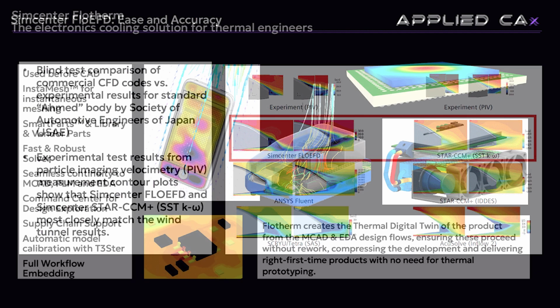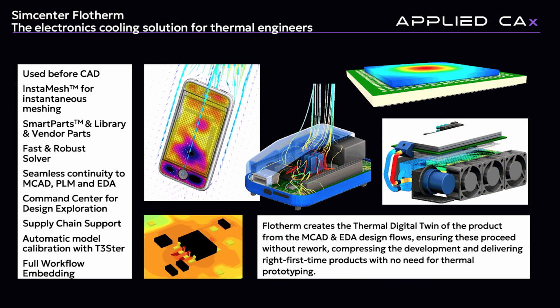A second CFD tool that can also be used by designers and analysts is Simcenter FlowTherm. This tool has many of the ease of use features as FlowEFD, but it's more specialized for thermal analysis of power electronic assemblies. In addition to CAD, you can also integrate ECAD data of electronic board layouts, and have access to a large library of vendor components to ensure you have an accurate thermal representation of your design.